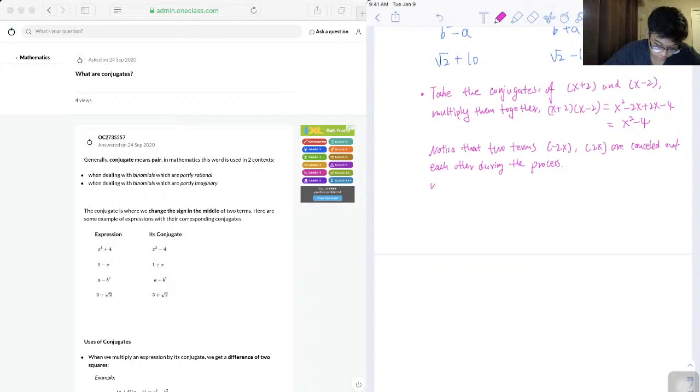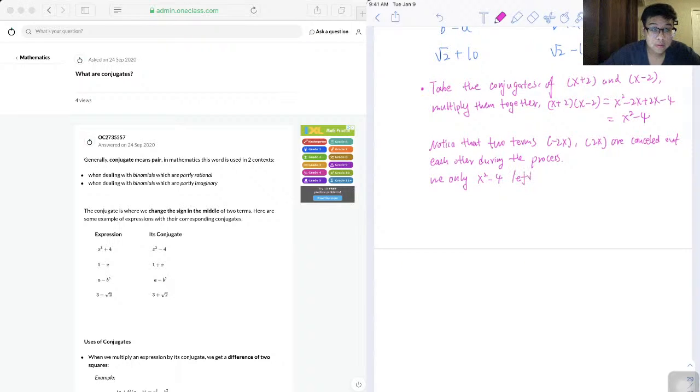So we only have x squared minus 4 left, which has another meaning, and which is the difference of 2 squares.